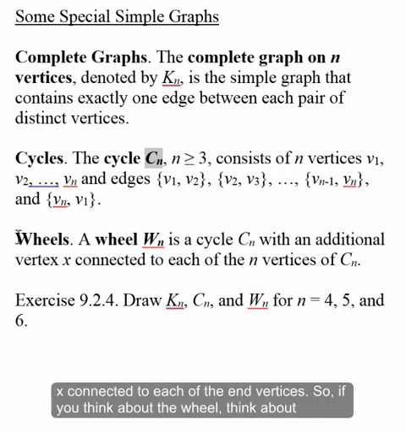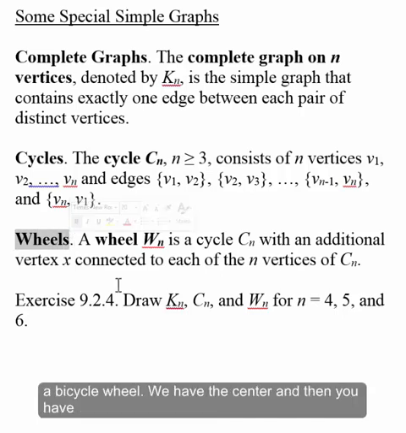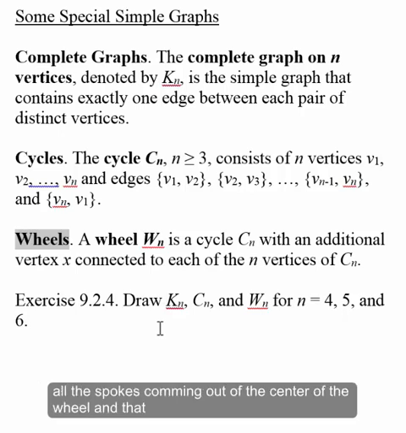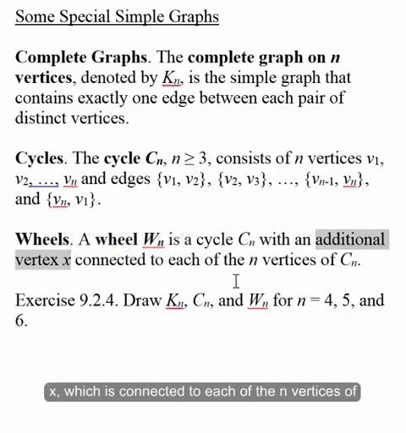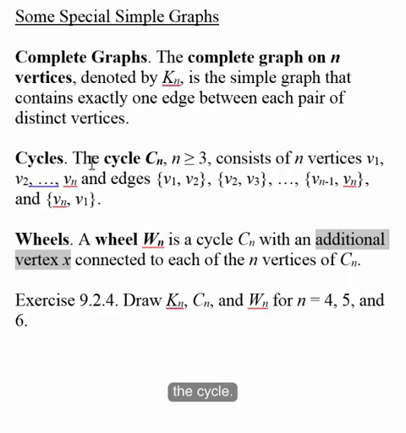So if you think about the wheel, think about a bicycle wheel, where you have the center, and then you have all the spokes coming out of the center of the wheel, and that's the additional vertex x, which is connected to each of the n vertices of the cycle.